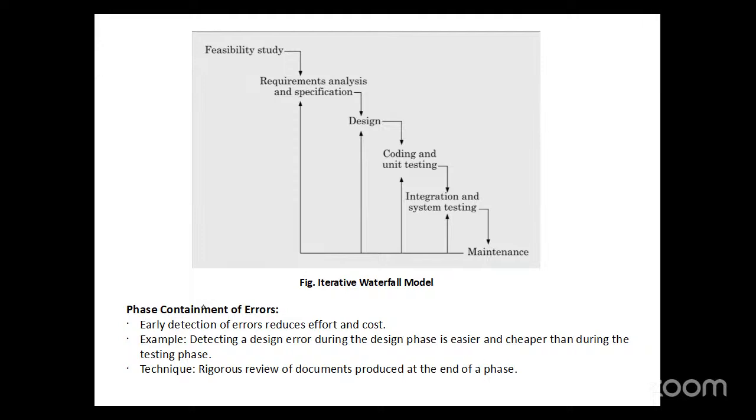So what you are doing in the iterative waterfall model? The feasibility study, the first step, is done and completed. Next, requirements analysis and specification. Once the requirements analysis and specifications are done, you move on to the design phase, coding and testing phase, integration and system testing, and maintenance. Once the maintenance is there, from maintenance, where are we moving?